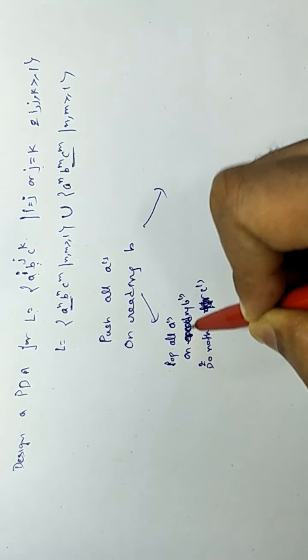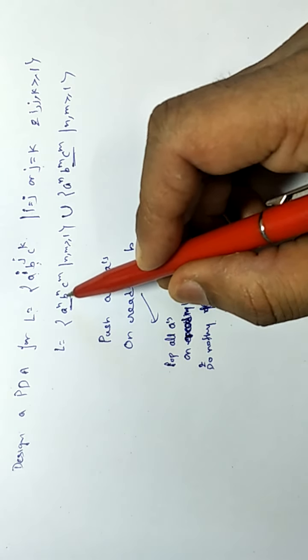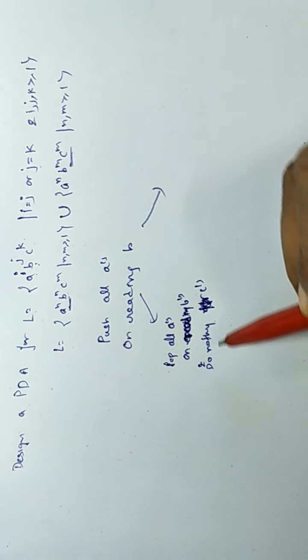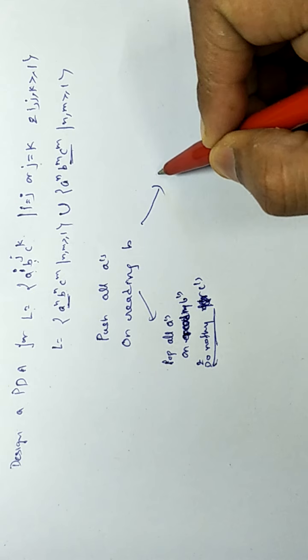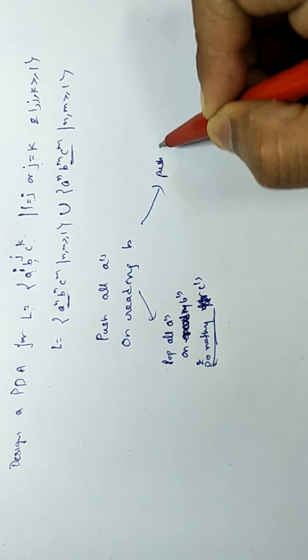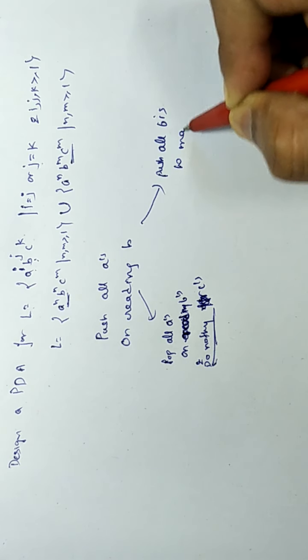So either I do a^n b^n, i equal to j, and c can be anything, do nothing. Or on reading b, I can push all b's to match with c.